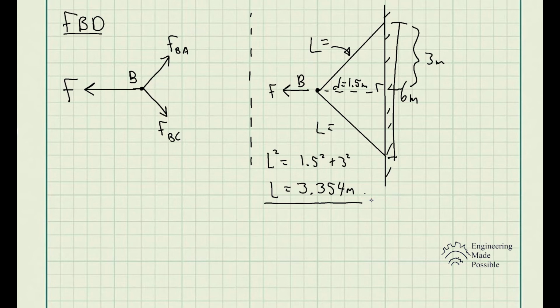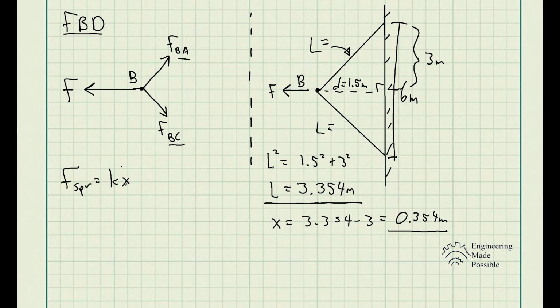So now the question is, how much has it been displaced? Well, we just take the actual stretched length, 3.354, and take away the original length, 3. So it's been displaced only by 0.354 meters. So this is our x here. Now the question is, what is the force being exerted by the springs BC and BA? Going back to our spring equation, the force of a spring is equal to the spring constant k times x.